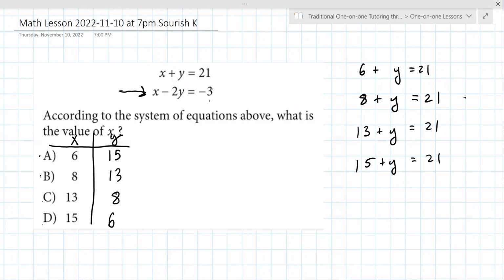It's not 15, it's x is 6, the first one.